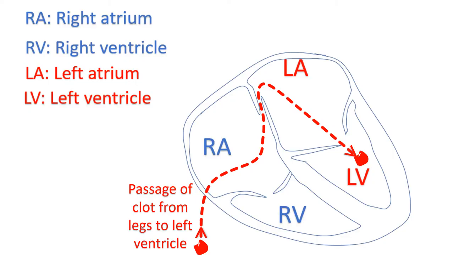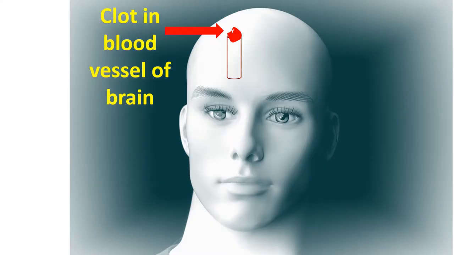Left ventricle is the lower muscular chamber which pumps blood to the whole body. Aorta is the large blood vessel arising from the left ventricle. From the aorta, the clot can move to any part of the blood circulation. If it gets lodged in a blood vessel of the brain and blocks it, a stroke with paralysis may occur.